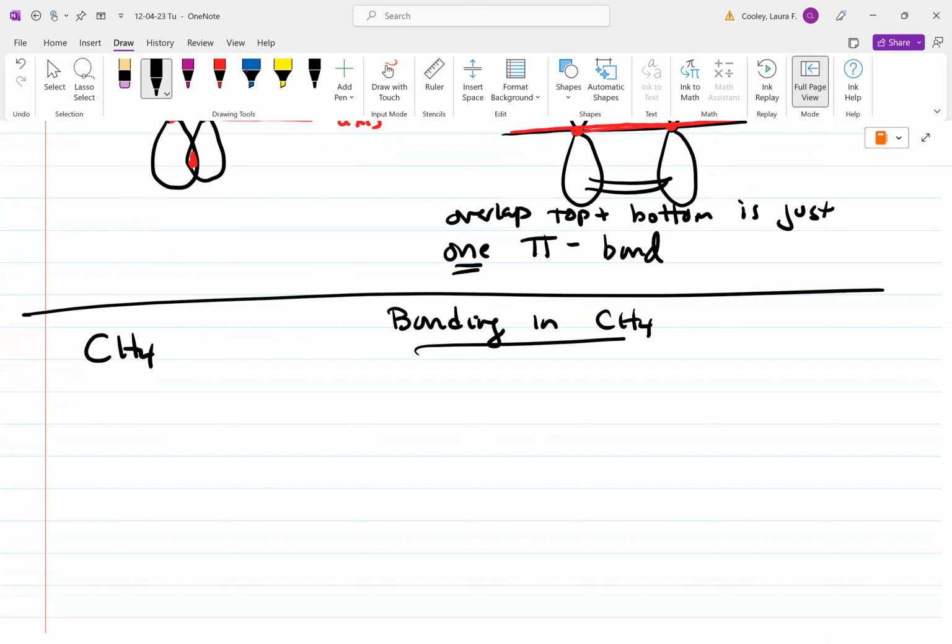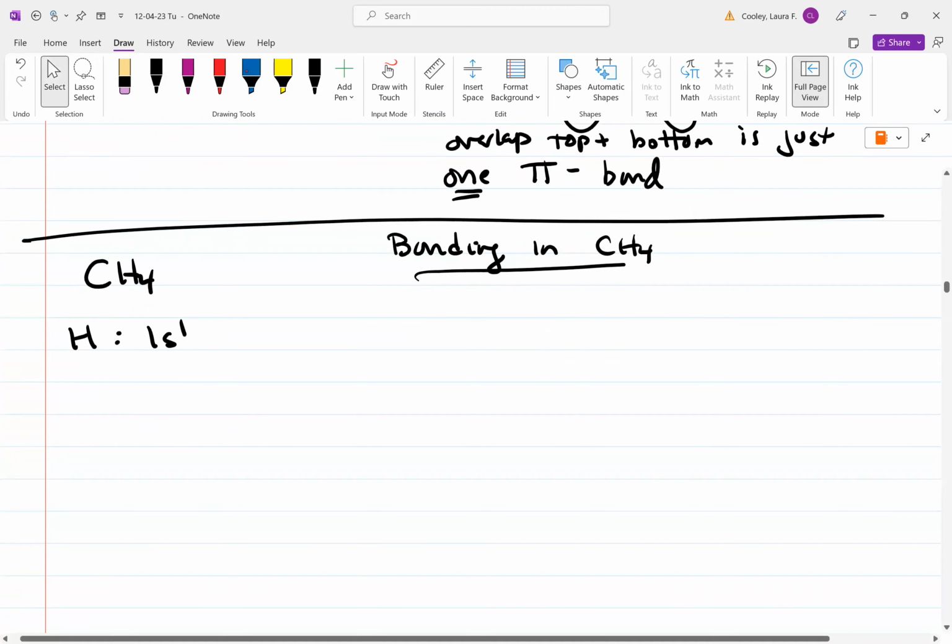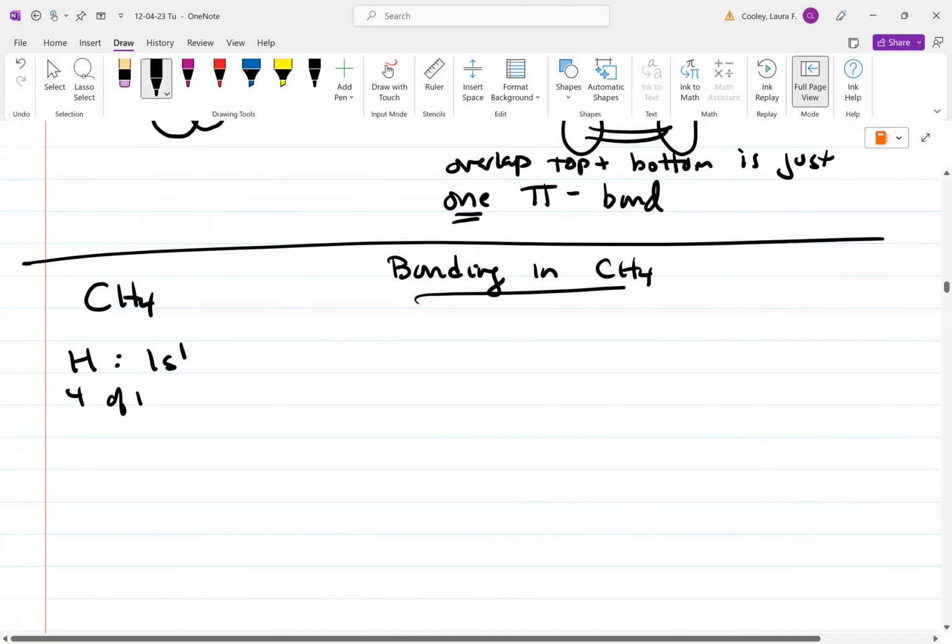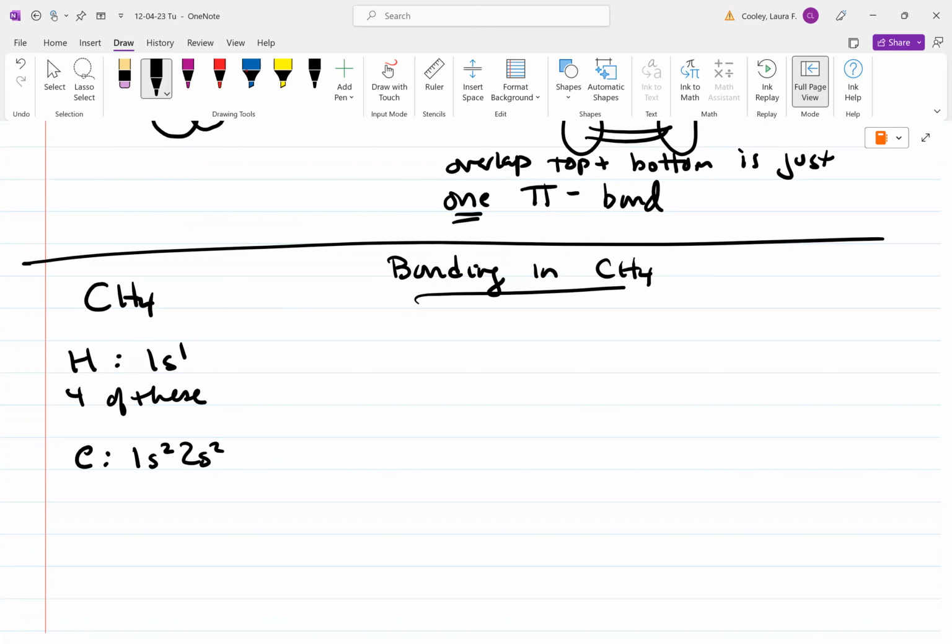Methane has hydrogens. Hydrogen has a configuration 1s1, and there's 4 of these. And then carbon has a configuration 1s2, 2s2, 2p2. Remember, carbon has 4 valence electrons. There they are, 2 plus 2.